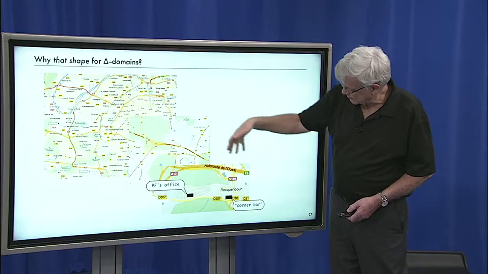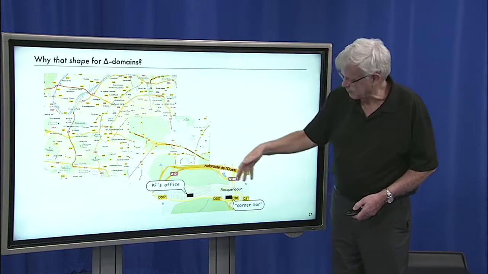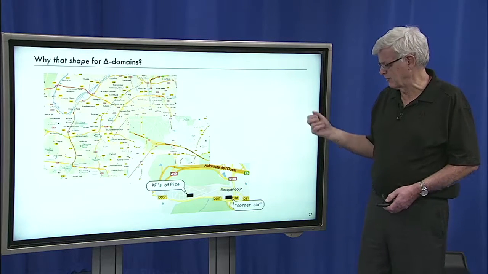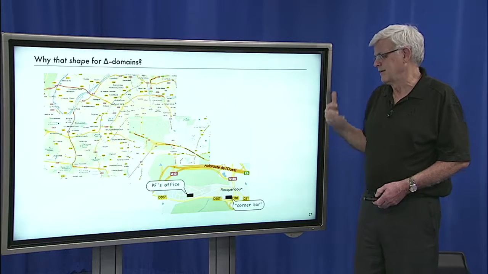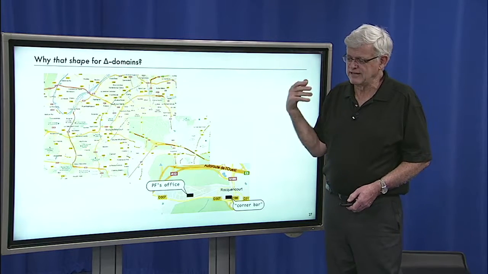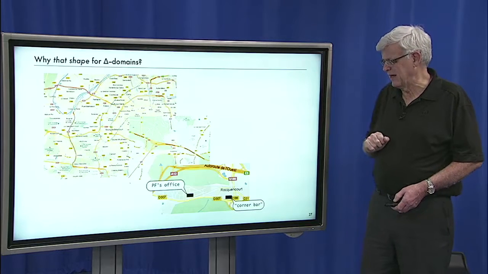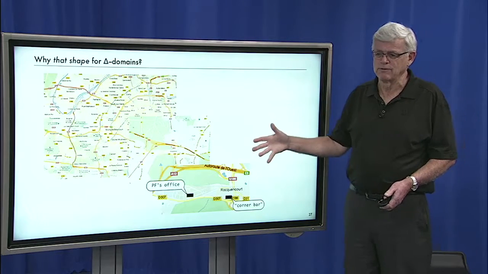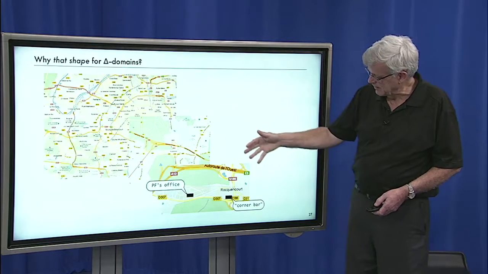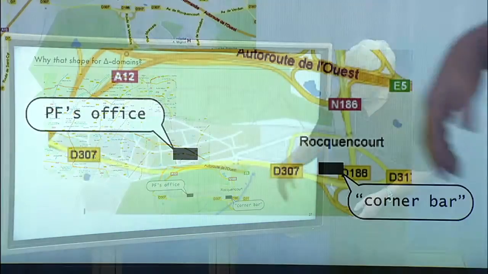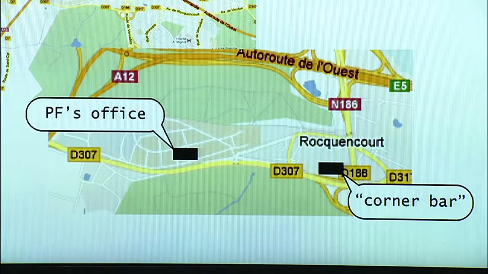And so there's an autoroute, and this little area here is Rocquencourt, which is where the INRIA research office was. And everybody working in this field over the 70s, 80s, 90s, and 2000s would visit Rocquencourt for various periods of time. And Philippe's office was centrally located there.